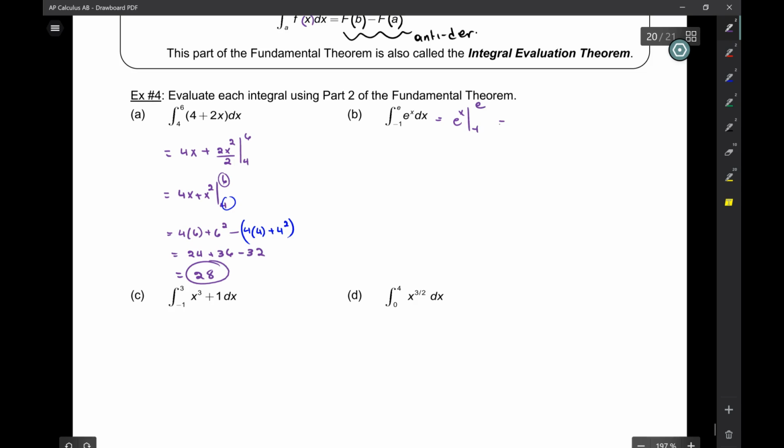So that is e to the e minus e to the negative 1. e to the e, that's fine. We can live with that. But what about that one? Minus 1 over e. And that's a good enough answer. Don't go plugging stuff into your calculator. You can leave it that way. That's perfectly acceptable, because sometimes you plug it into your calculator and you transfer it wrong to your test because you're rushing. So just leave it that way.